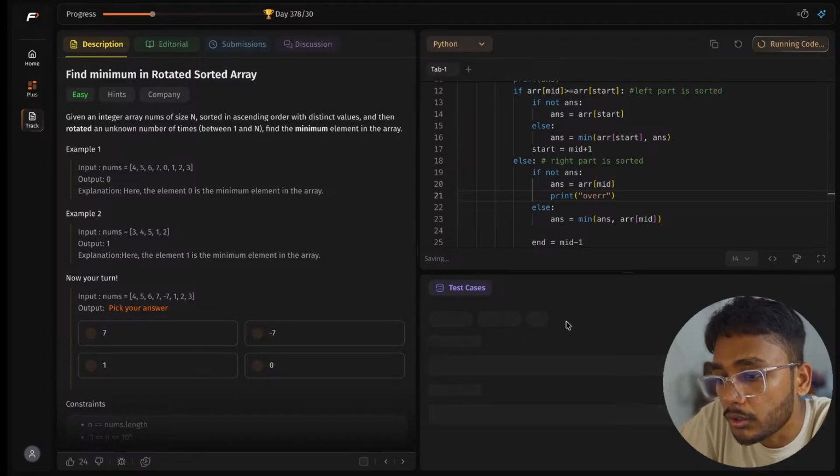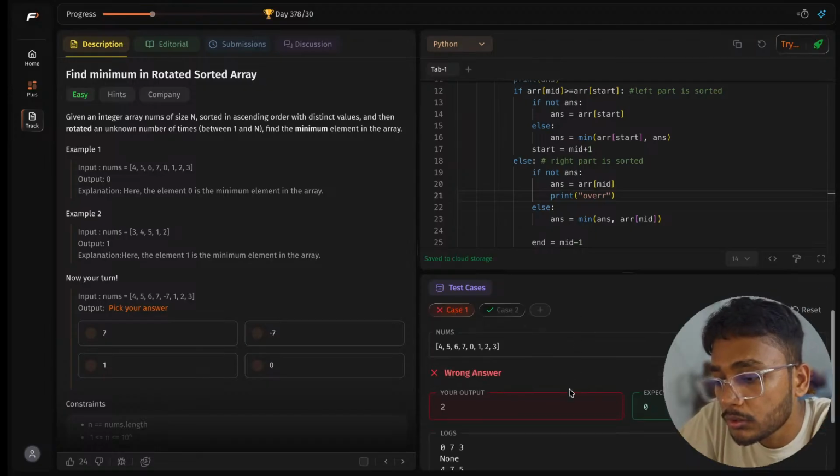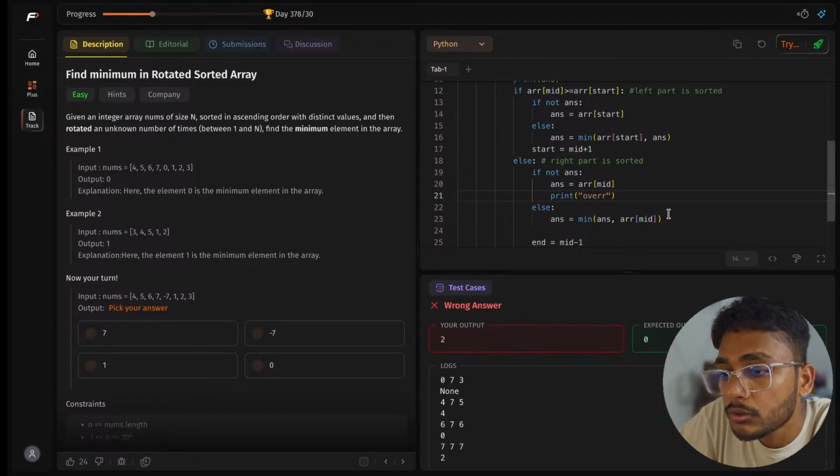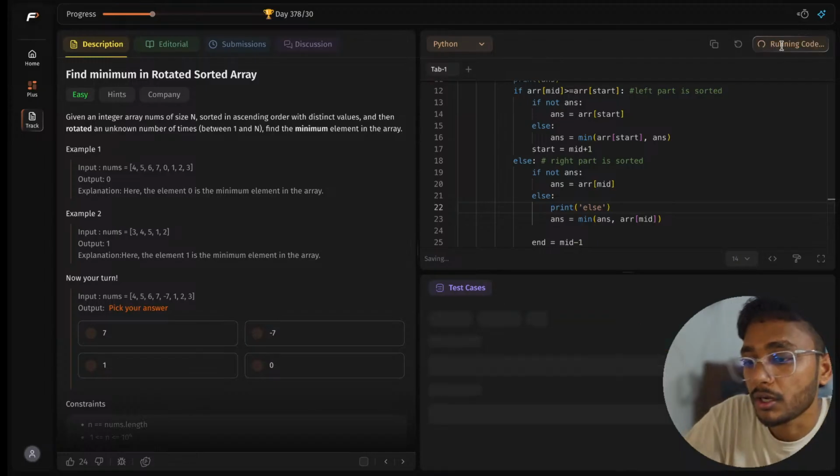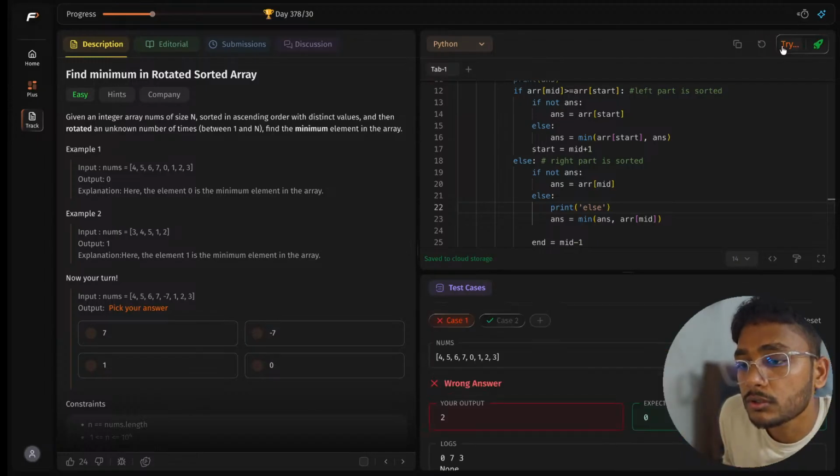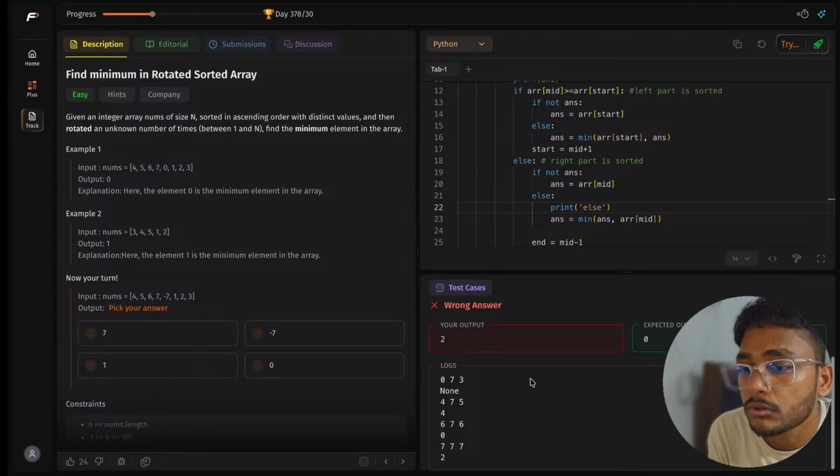I think it's overriding or what? Man, it's very hard to debug sometimes.